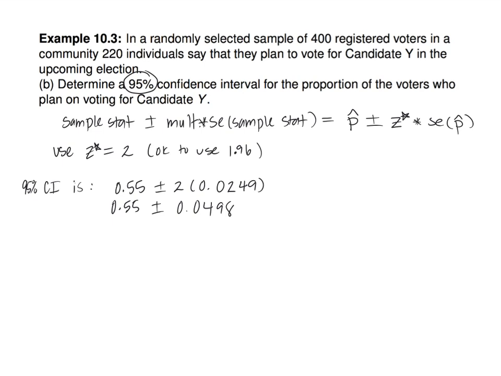0.55 minus that number is 0.5002, and 0.55 plus that number, 0.55 plus 0.0498, is 0.5998.